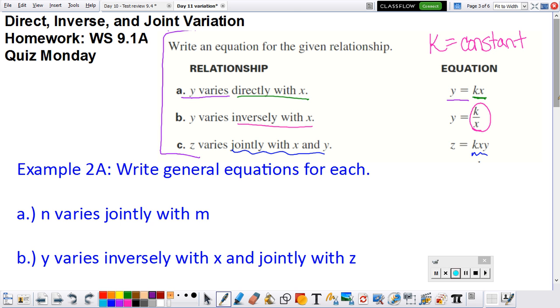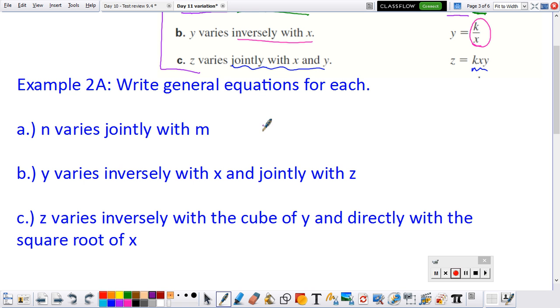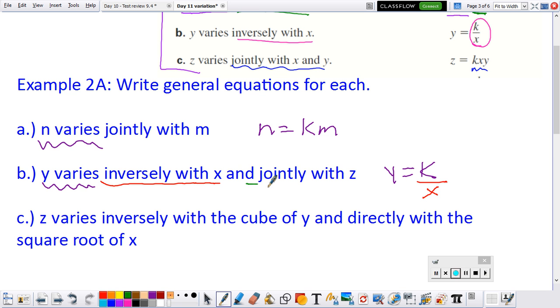Y varies inversely with x and jointly with z. All right, z varies, always start with that k, inversely with the cube of y, and directly with the square root of x.